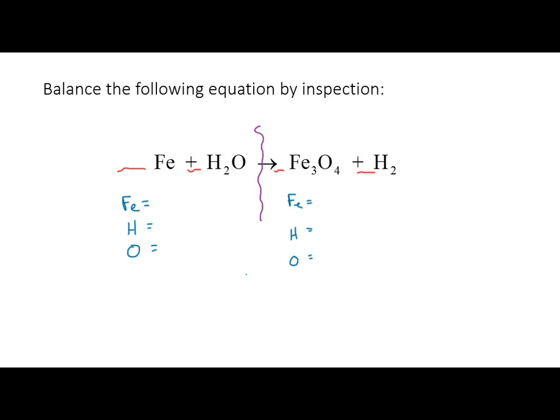So of course Fe's, I only have 1. H's, I have 2. Oxygens, I have 1 on the reactant side. And on the product side, it looks like I have 3 Fe's, 2 H's, and 4 O's.